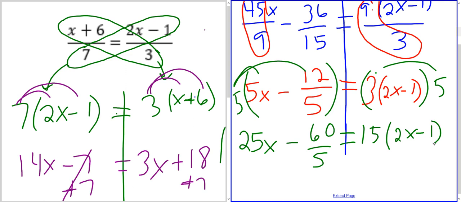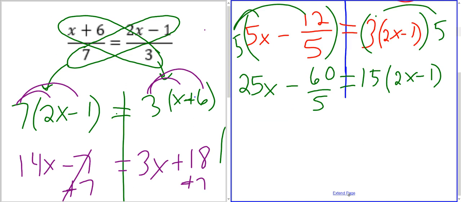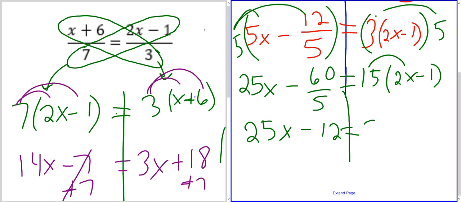So I get this, I get 25x minus 60 over 5 equals 15 times 2x minus 1. So we're going to just reduce. So this is 25x. 60 divided by 5 is 12, so minus 12 equals, distribute, 15 times 2x is 30x, and 15 times negative 1 is negative 15.